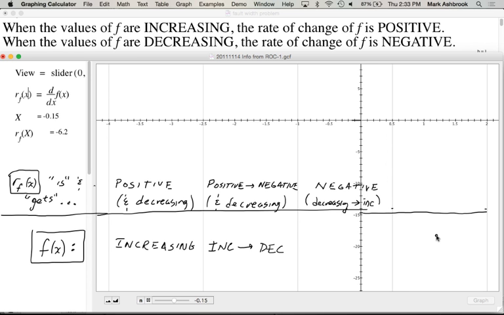All right, what can you say about the function then? Samuel, you're up again. You can be up more than once in the same time. So tell me about the function in this interval if the rate of change is negative. I heard a couple different things.